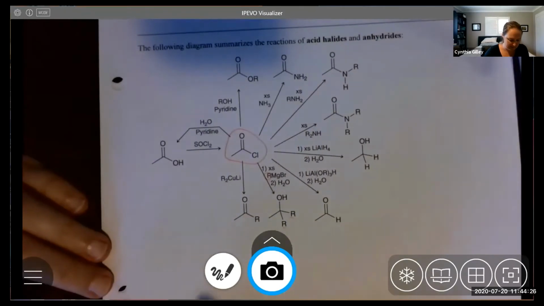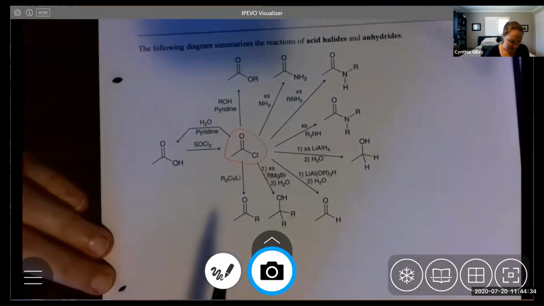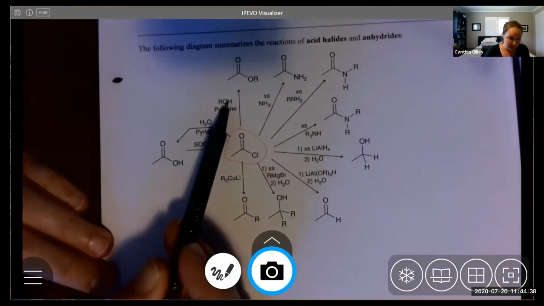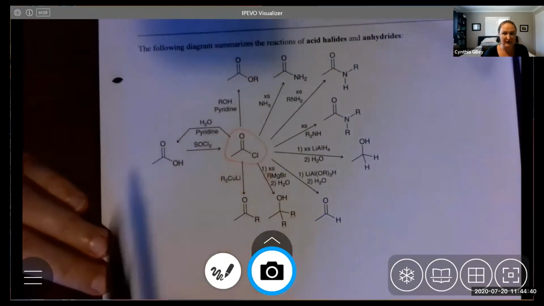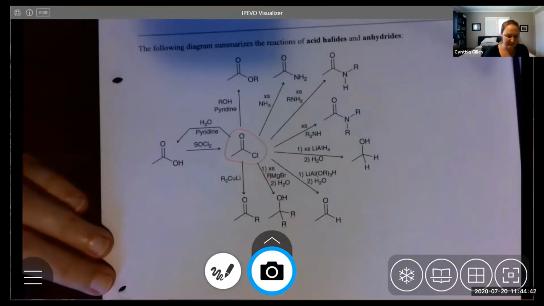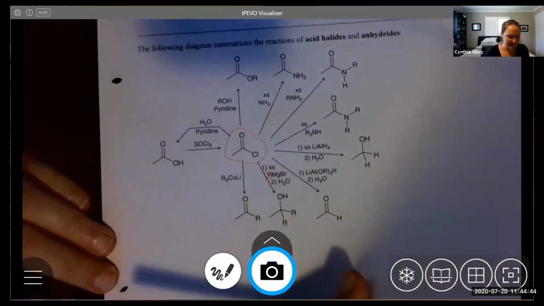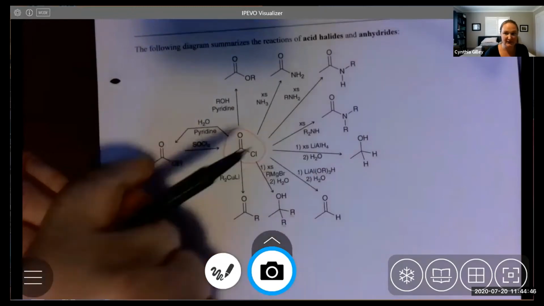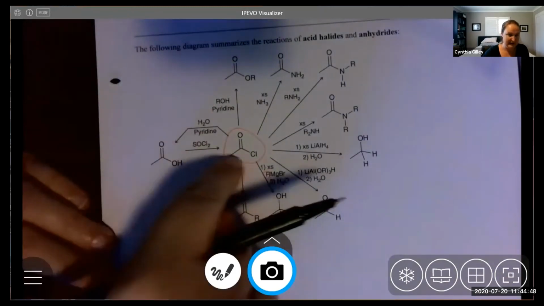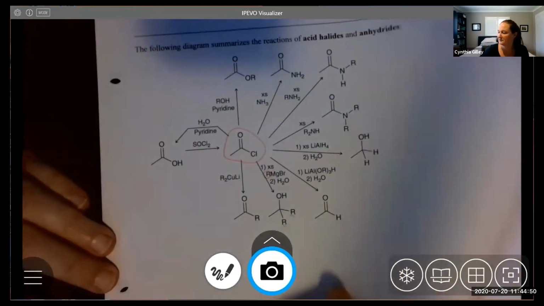And then the Gilman reagent will allow you to convert directly to a ketone. So we want to make sure we know those reactions. And additionally, if you wanted to, instead of using an alcohol, you could use water, and you would go back to a carboxylic acid. But that's how you made it, so it doesn't seem likely that you would want to go back, but you could.